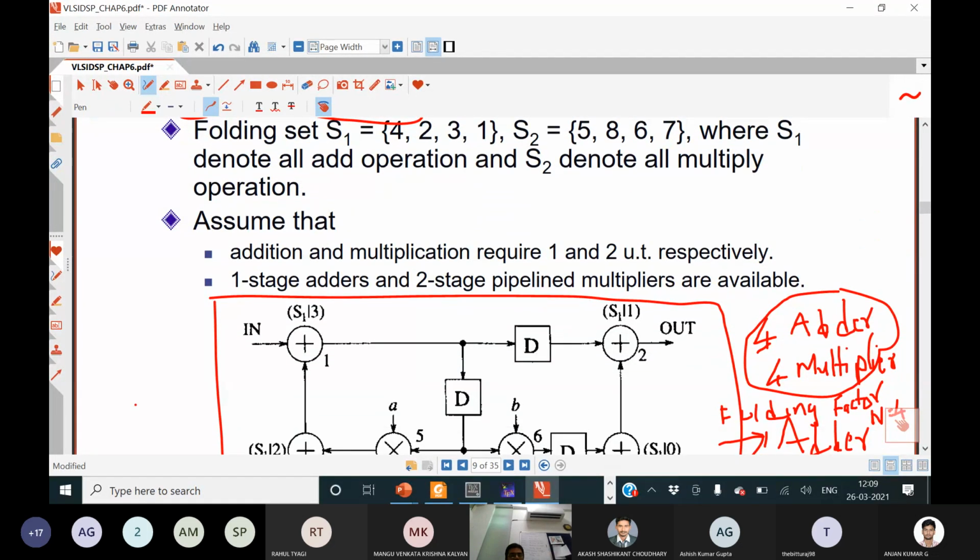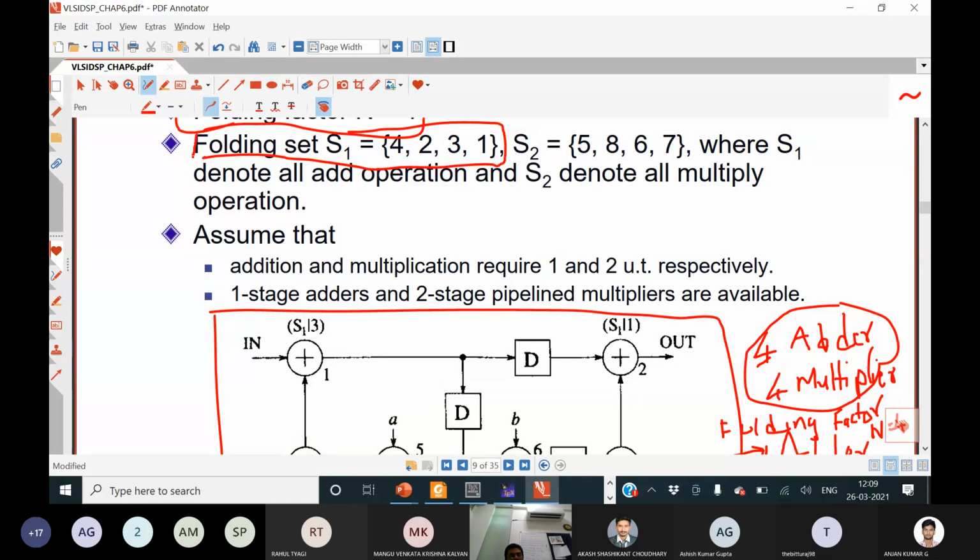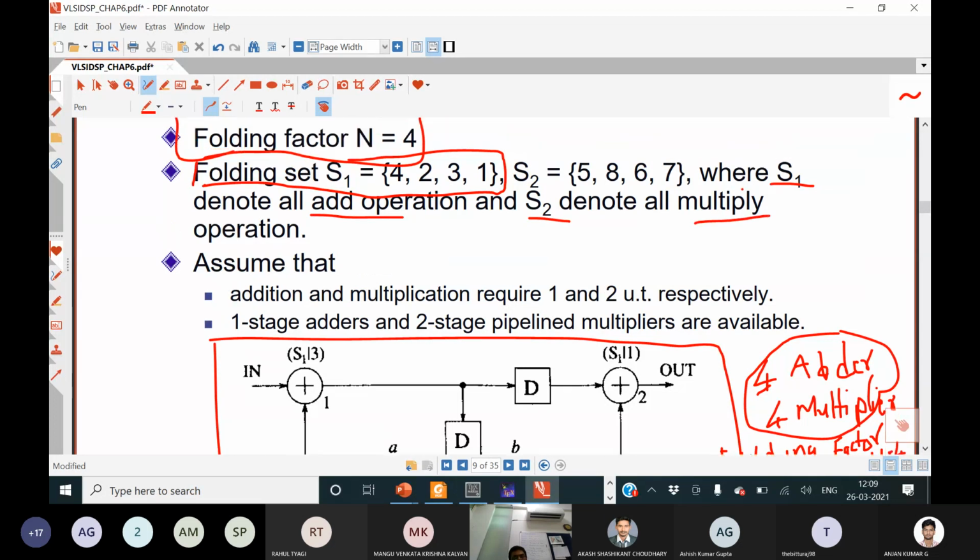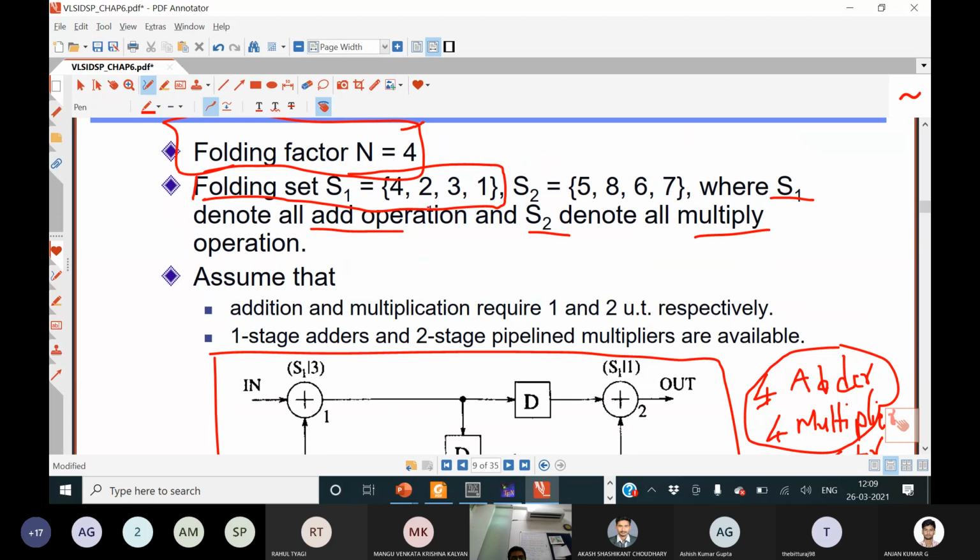Apart from that, you have a folding set. The folding set defines the order in which the folding or the execution would happen. So S1 is related to the add operation, S2 is related to the multiply operation. Since we are folding it 4 times, we need to take care of all 4 instances.